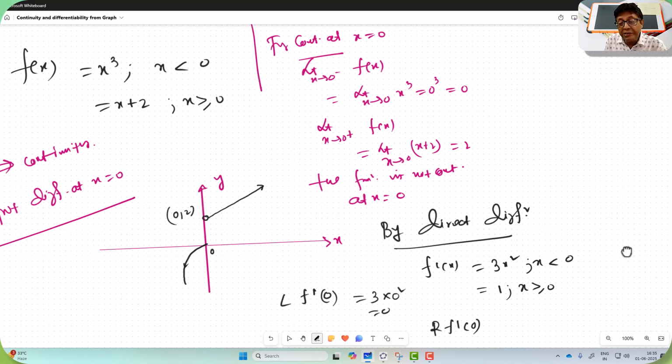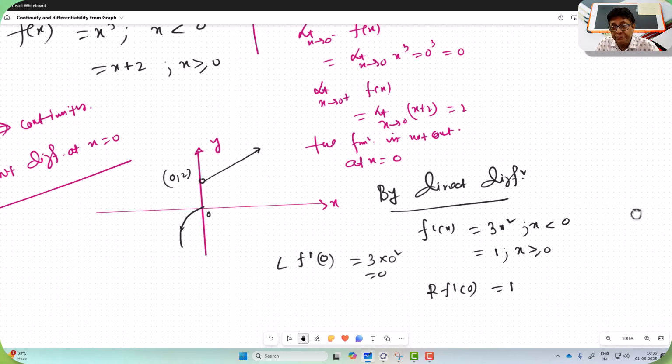And R f dash 0 is what? This is 1. See, these two are not same. If you draw the graph from there, it is not continuous, so it won't be differentiable. Confirm. And by actual calculation of derivative also, before x less than 0, after x equal to 0, the slopes of functions will not be the same. I mean, derivative of the function will not be the same. So the function is not differentiable at x equal to 0.